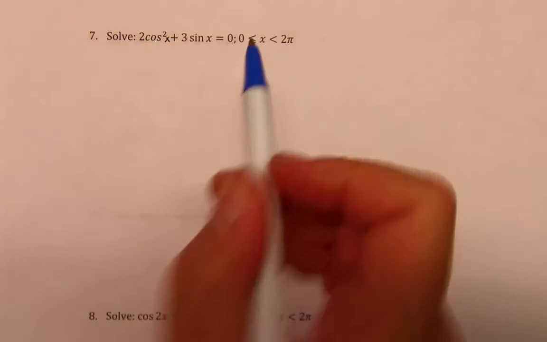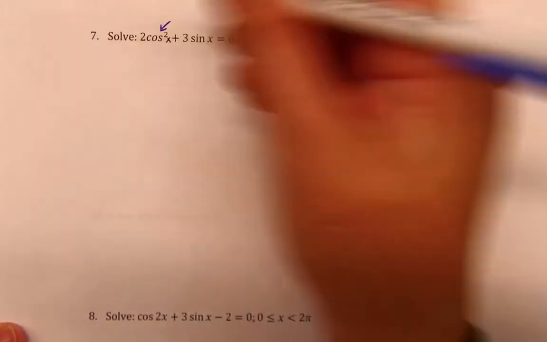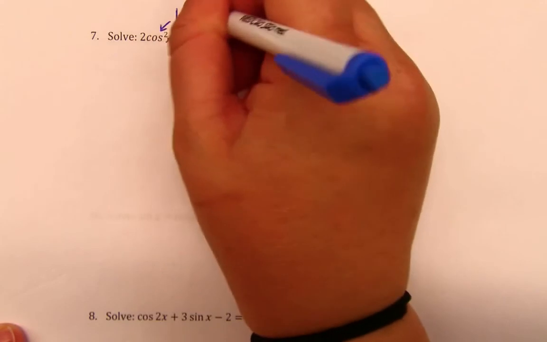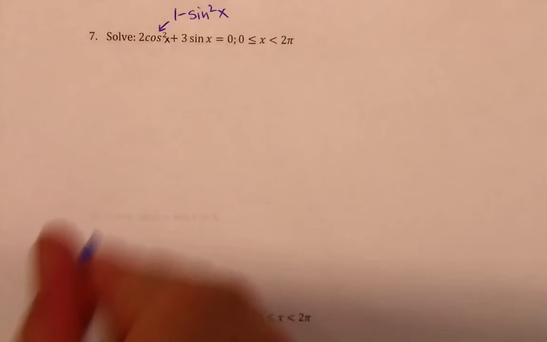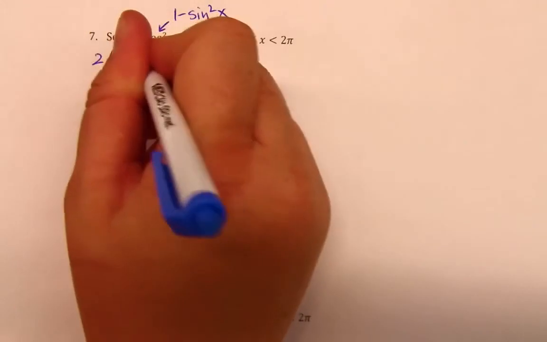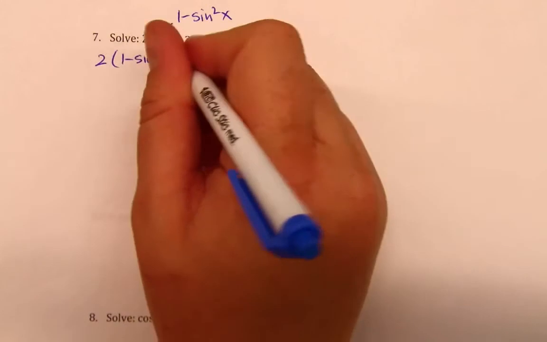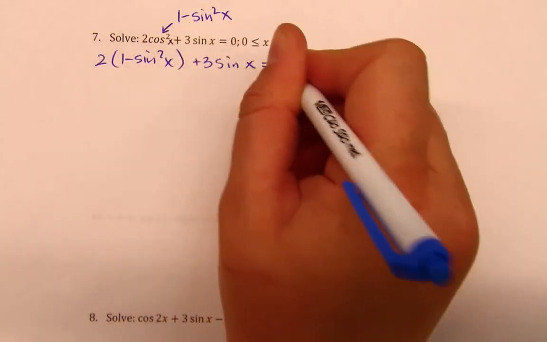Now, I can replace this with something so that I just have sines. I know that cosine squared x is equal to 1 minus sine squared x. Okay, so we have 2, and I'll replace that with 1 minus sine squared x plus 3 sine x equals 0.